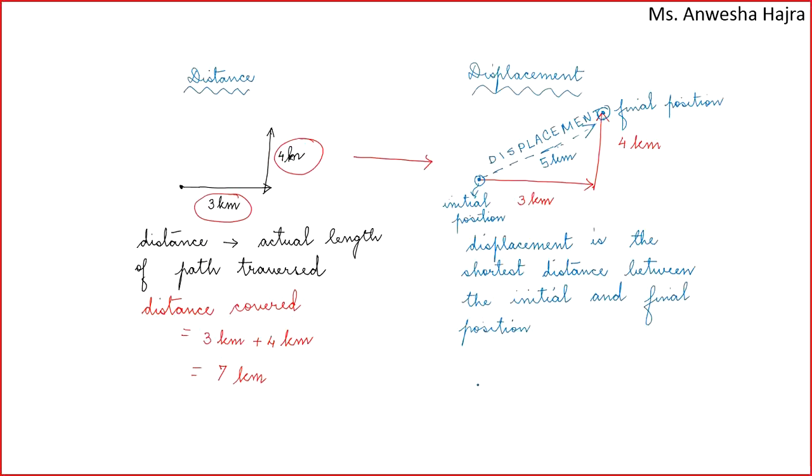Now, when is this displacement needed, children? Say for example, you have two students. Say you have Abhijit and say you have Spandan.